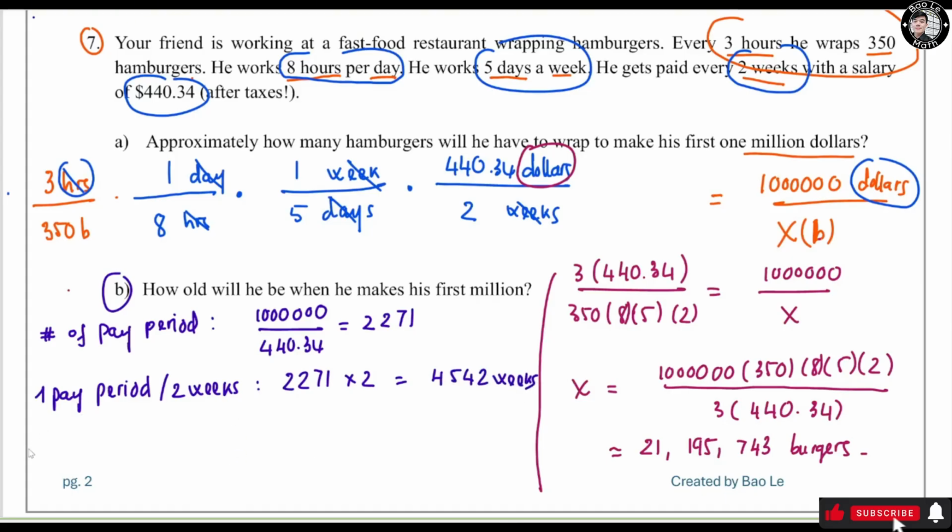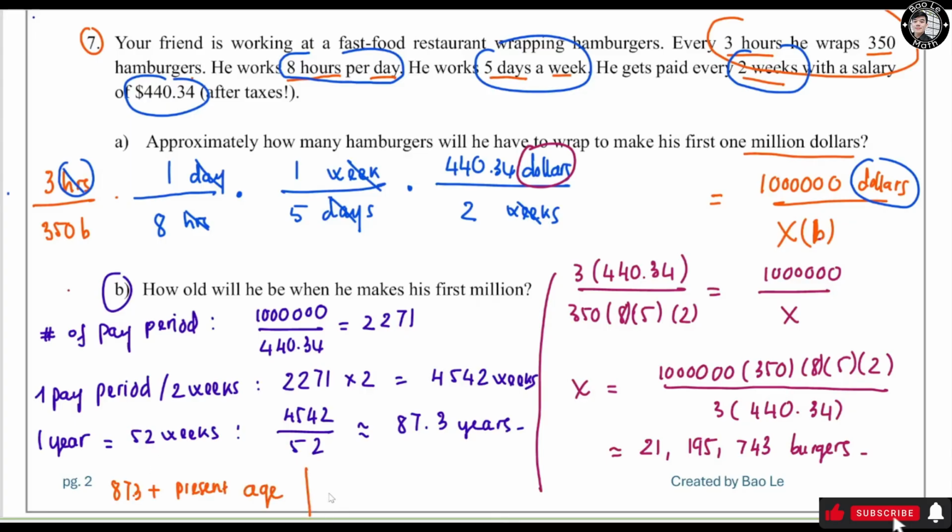Now you know that 1 year has 52 weeks. So you have 4,542 divided by 52. It's approximately 87.3 years. So your friend's age is 87.3 years plus his present age.